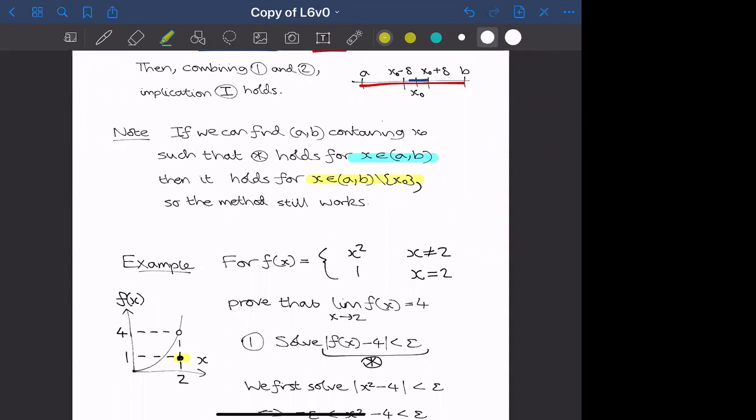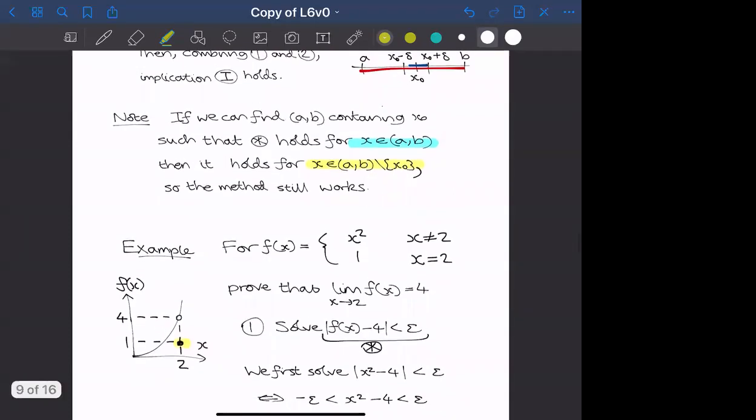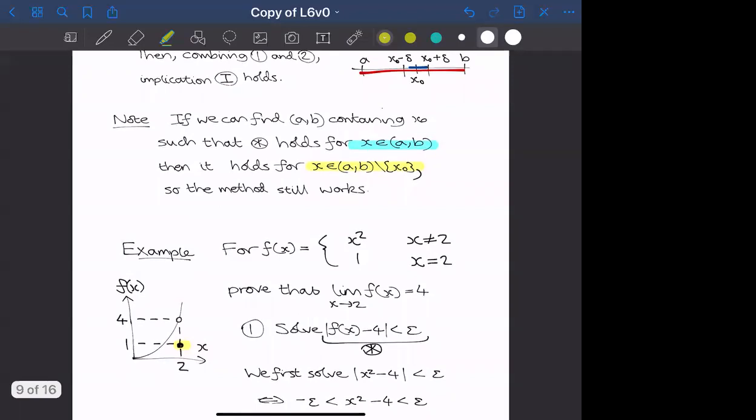So the first step, remember, is solve star. And in this case, that's the absolute value of f(x) minus 4, the distance of the value f(x) from the limit 4, that we want to be less than epsilon. So we solve that. But that's not so easy because the definition of f(x) is a bit complicated.